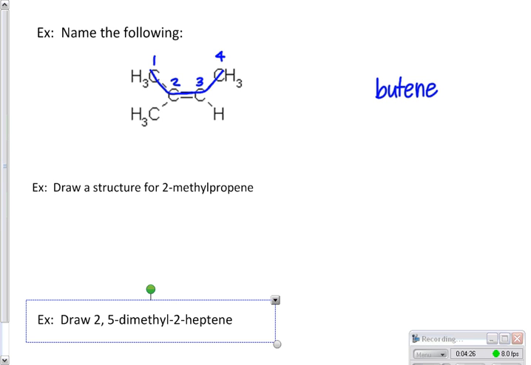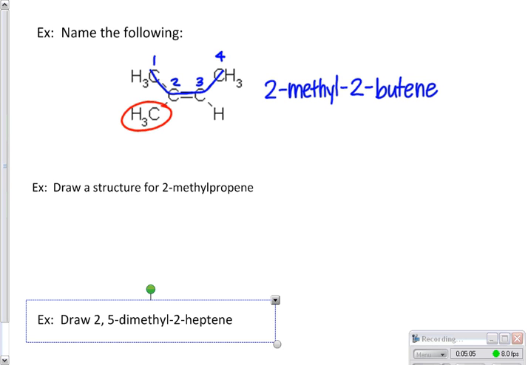The double bond is located between the 2 and the 3, so we go with the lowest number, 2-butene. Off of that parent chain, there's also a methyl group hanging off the number 2 carbon. So we would say 2-methyl-2-butene. Just remember to separate numbers and words with dashes.